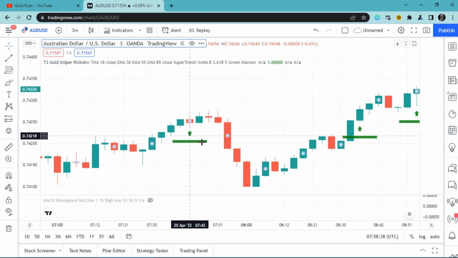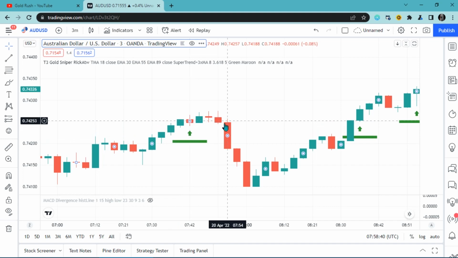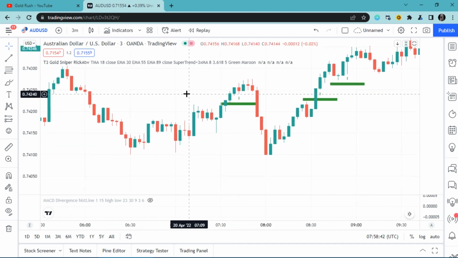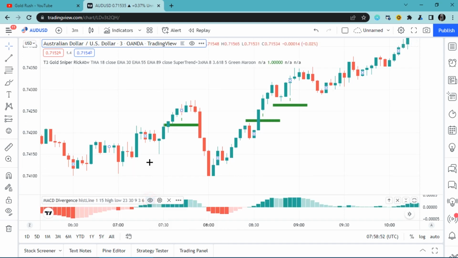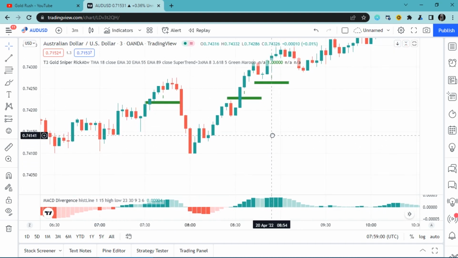This shows that you should enter a buy. But that's not all. The Gold Rush has tweaked this indicator in such a way that you get consistent and crazy profits. This is also the MACD divergence. It's quite simple: above the zero line and below the zero line.